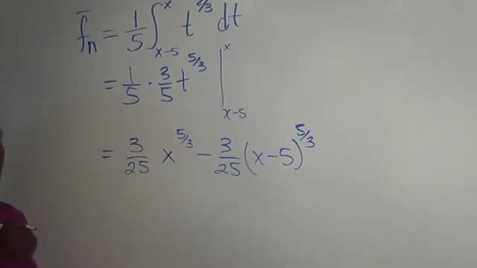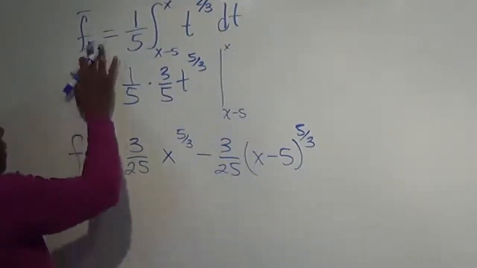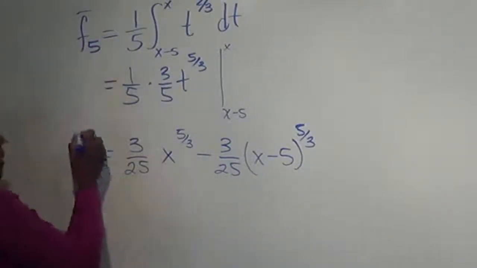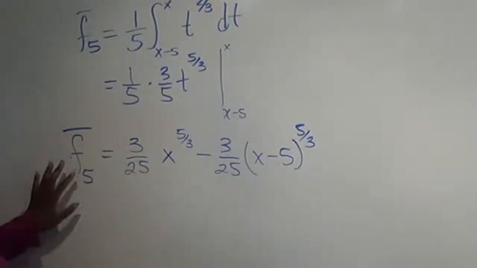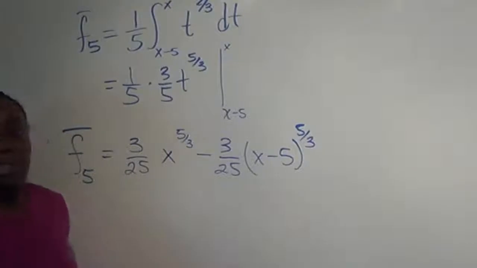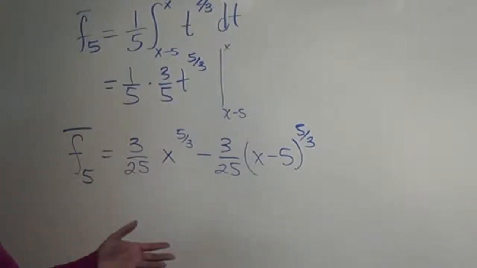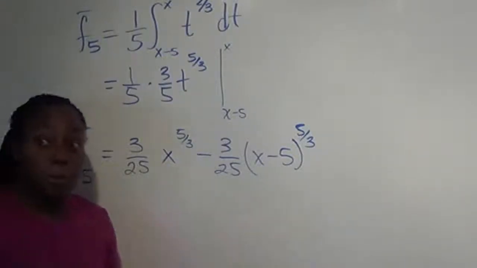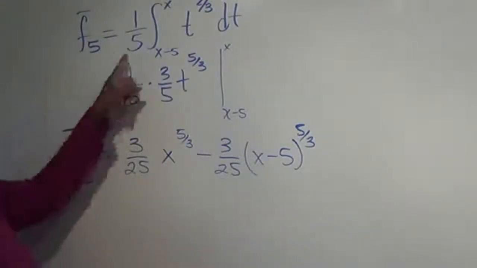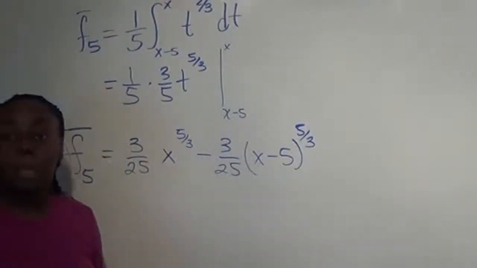I can't simplify this down much more. So my 5-unit moving average is this function here. So now once I know my interval, so let's say my interval was from 0 to 10 or 0 to 20, then I can figure out what my 5 subintervals are, and I'll know exactly what my x is going to be.